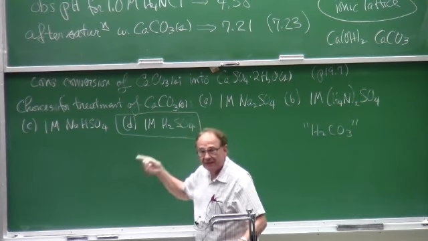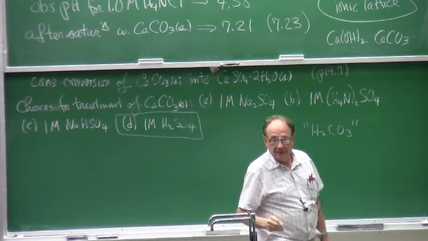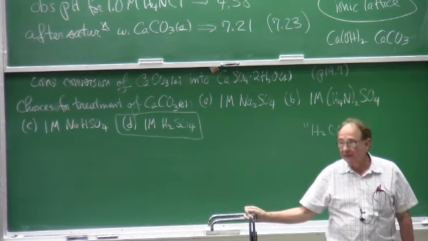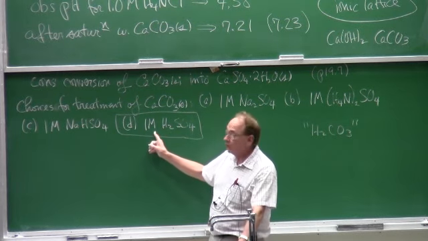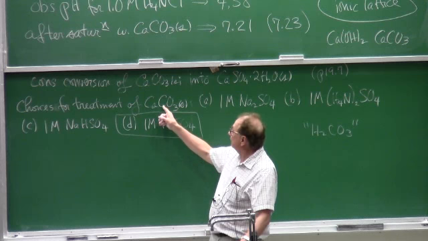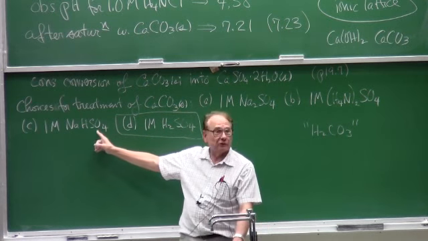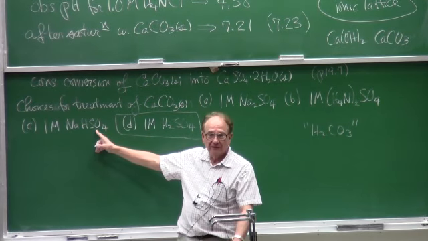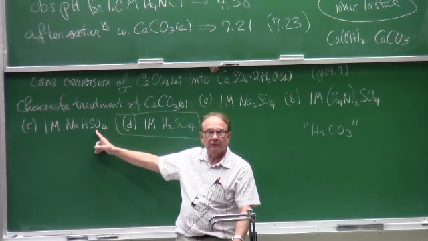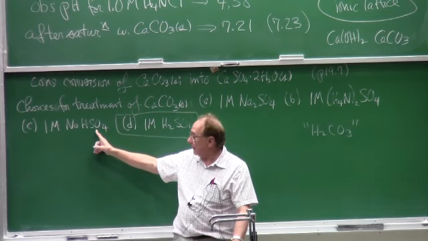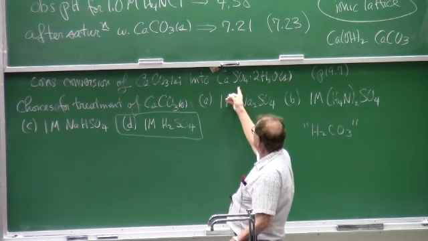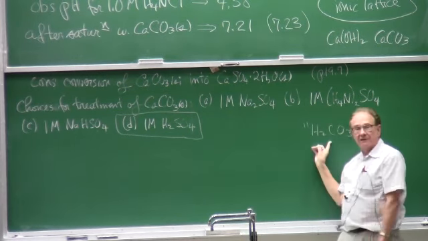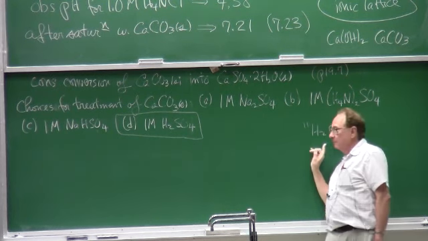So, if you pay attention to the acid-base chemistry we've talked about, you can recognize why. Of these choices, this is the way to go if you want to turn this stuff into that stuff. This also does it quite well. If you write the equilibrium reaction and calculate K, hydrogen sulfate ion plus calcium carbonate to make this stuff and this stuff, K value is huge.